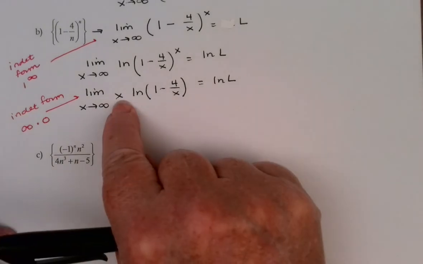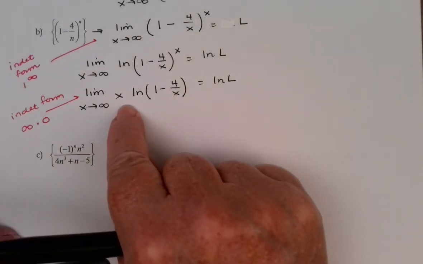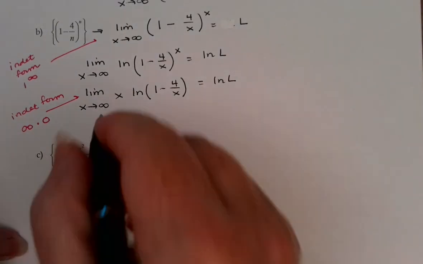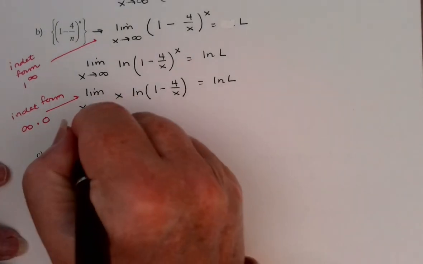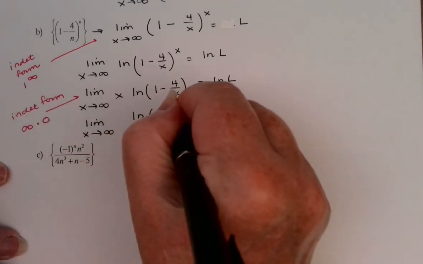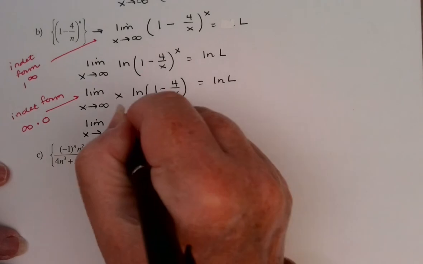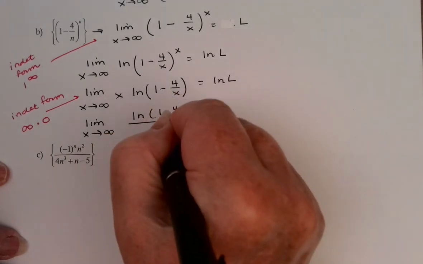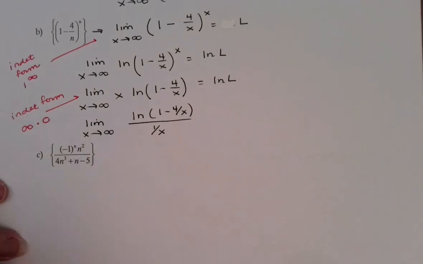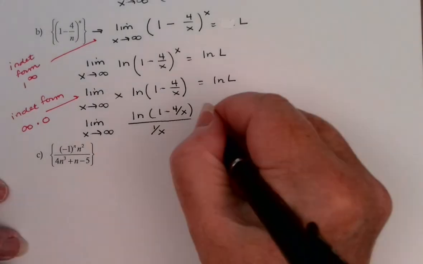I'm going to take this x, and I'm going to move it into the denominator as a 1 over x, the reciprocal. Notice if I did the invert and multiply, the x would come back on top, so that's the same thing.